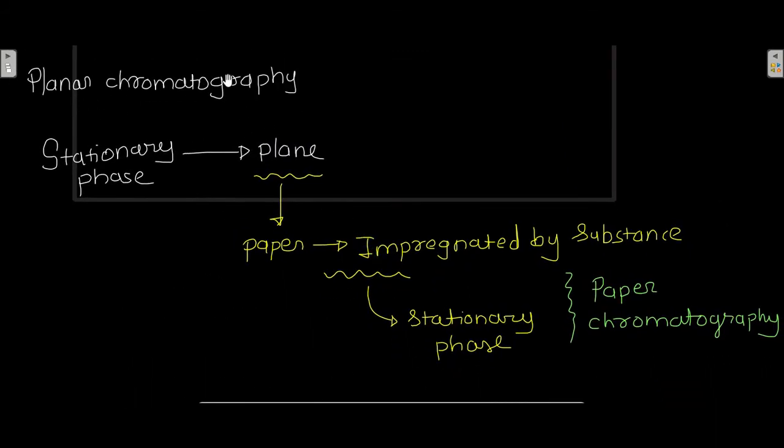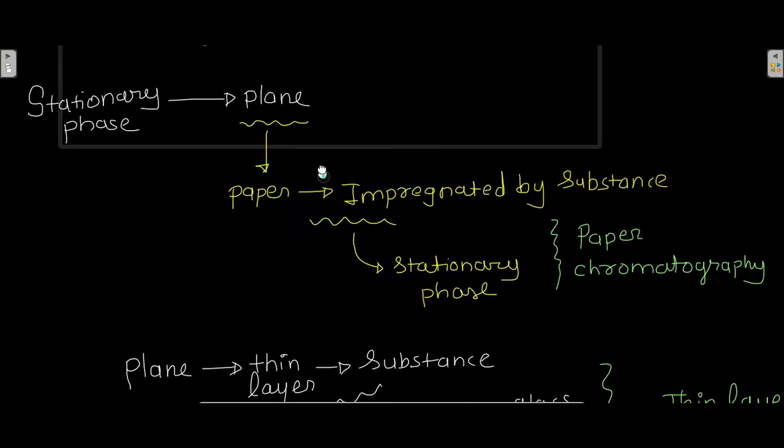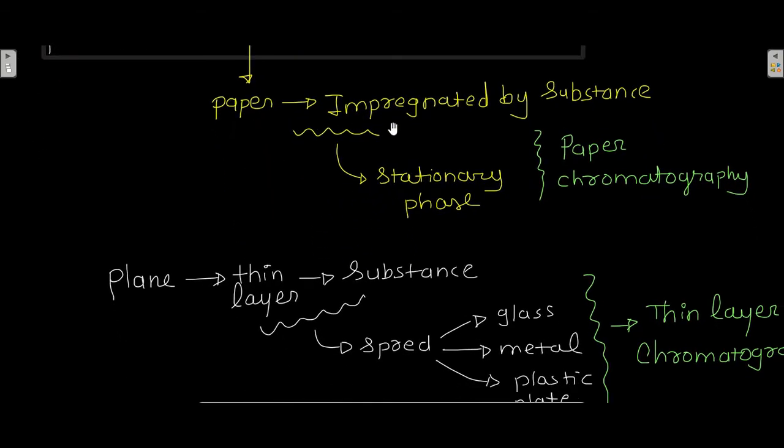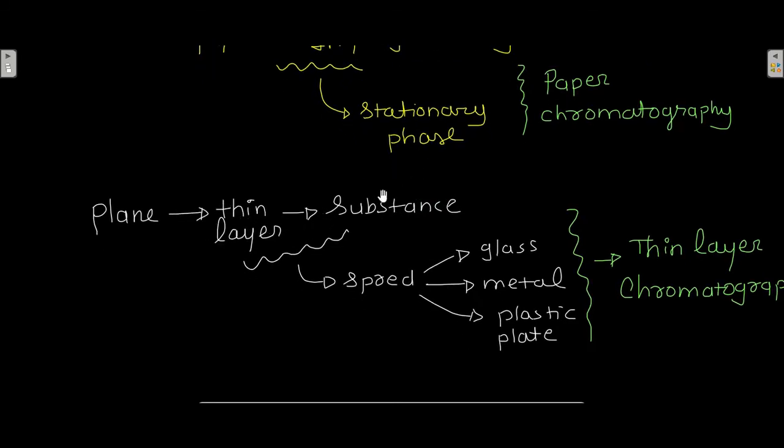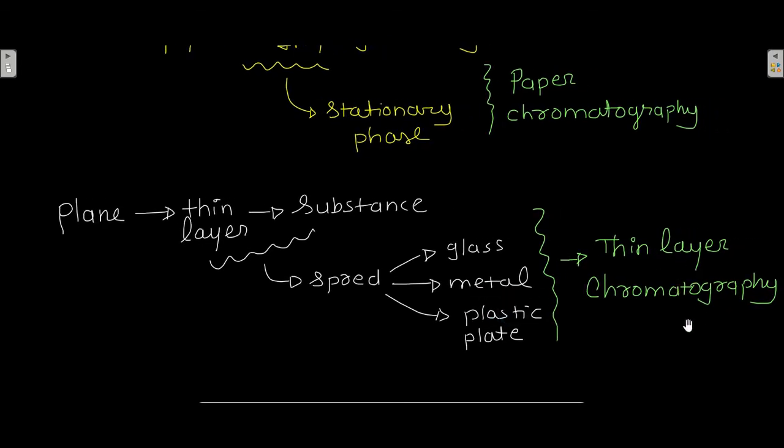So in planar chromatography, the stationary phase is on a plane. That plane can be a paper impregnated by a particular substance, as in paper chromatography, or a thin layer of substance spread on a glass plate, metal plate or plastic plate, which is known as thin layer chromatography.